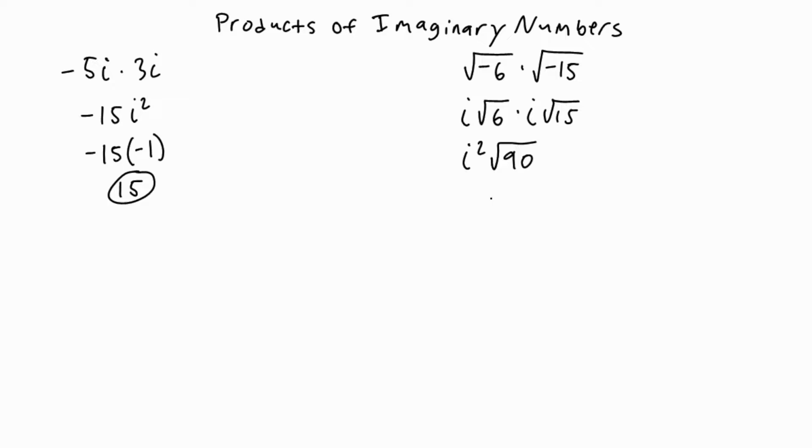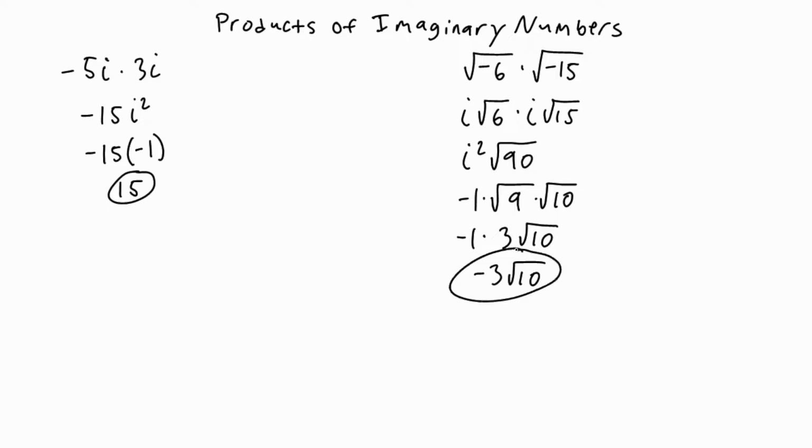That would be 9. And what's left over is 10. And i squared is negative 1. So now the negative 1 drops down. Square root of 9 is 3. And times the square root of 10. And then negative 1 times 3 is negative 3, square root of 10. So it's the first step of pulling out the i's, and then just multiplying the square roots and simplifying down.